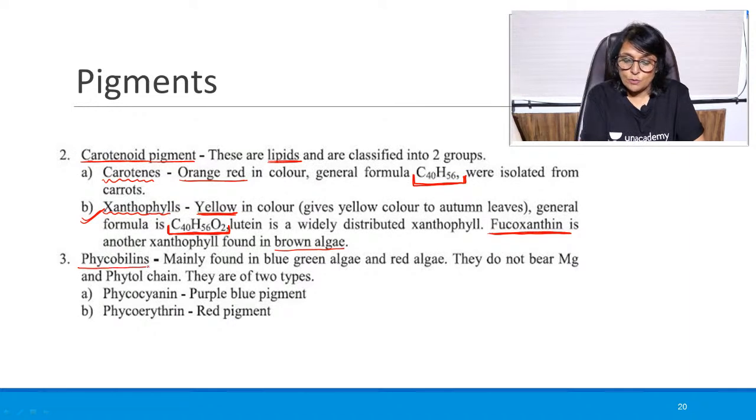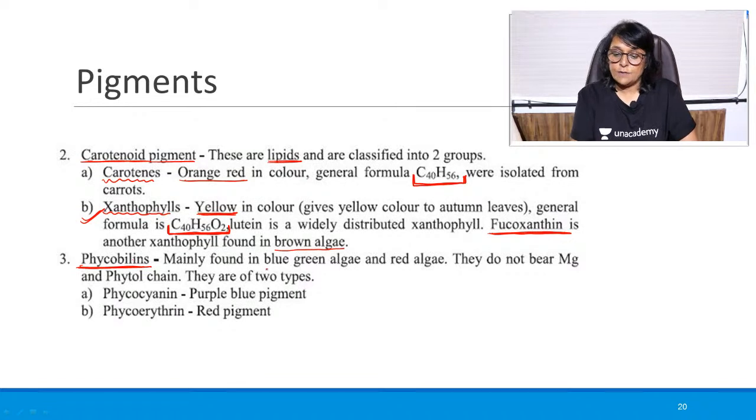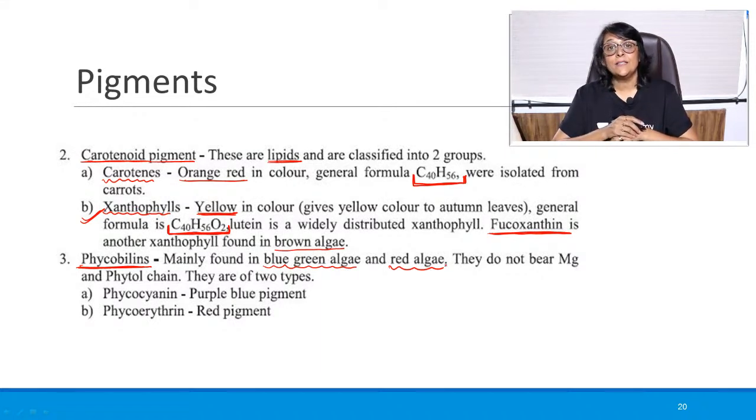Then let us come to phycobilins. Again, this is a group. It is found in blue-green algae. Blue-green algae means cyanobacteria. It is found in red algae. So again, this you must have studied if you have completed your 11th class. If you have just joined your 11th class, then this part probably you have not done. This is in the plant kingdom.